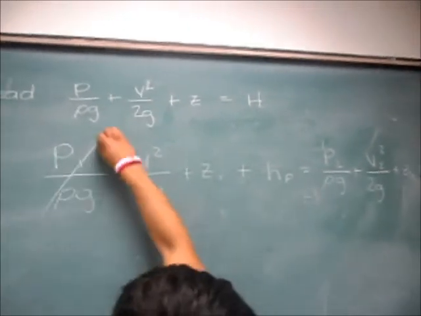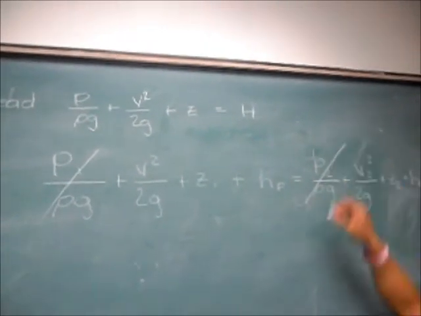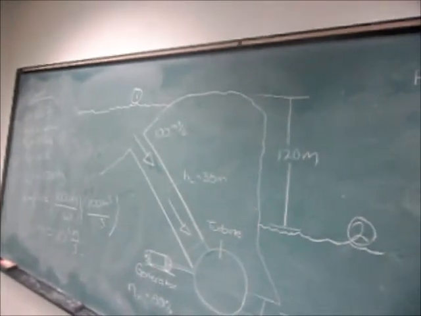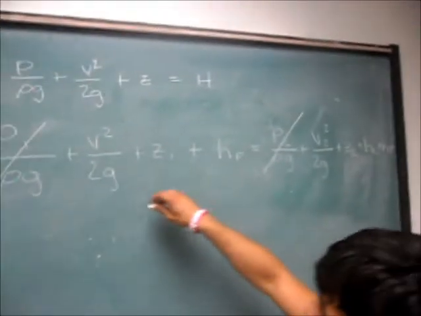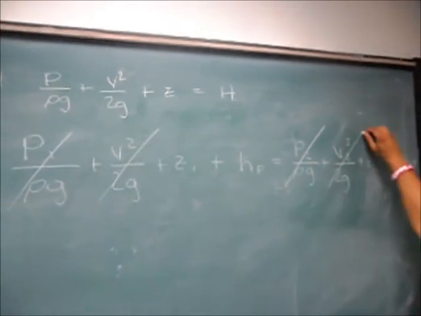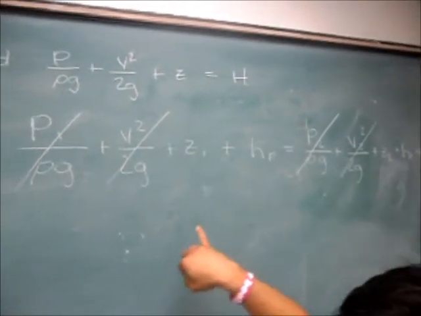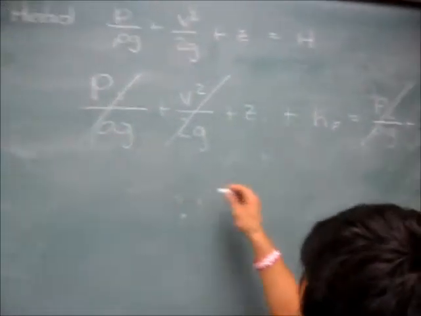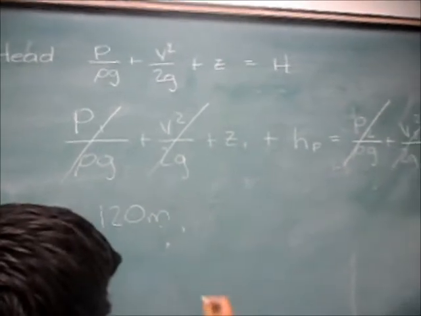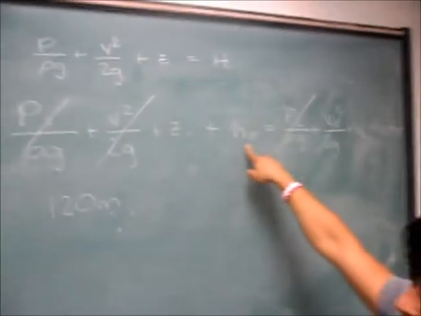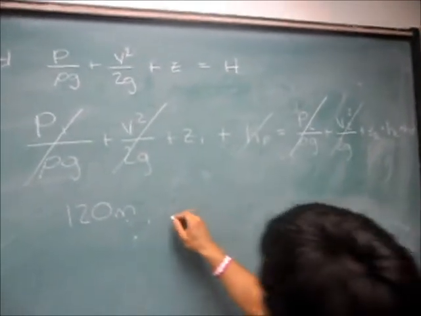We can cancel the pressures out because we have the same pressure at point 1 and at point 2. The velocities also can cancel out because the velocity is constant. Z1 equals 120 meters. And we don't have any head because we don't have any pumps.